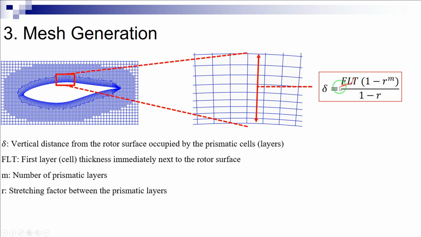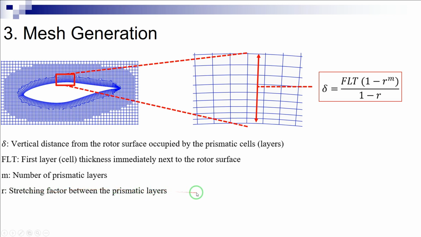Here, delta is the vertical distance from the rotor surface occupied by the prismatic cell layers. FLT is the first layer cell thickness immediately next to the rotor surface. M is the number of prismatic layers, and R is the stretching factor between the prismatic layers.